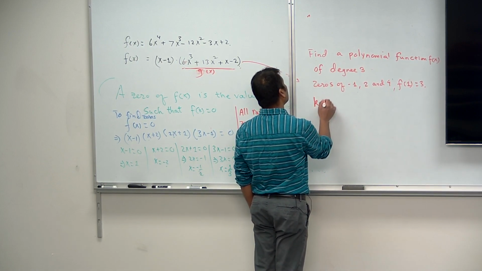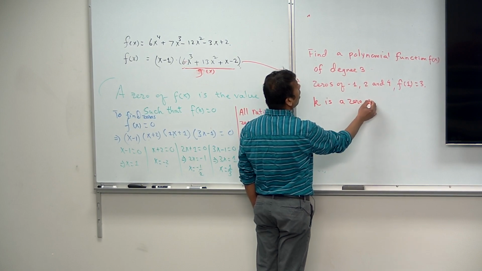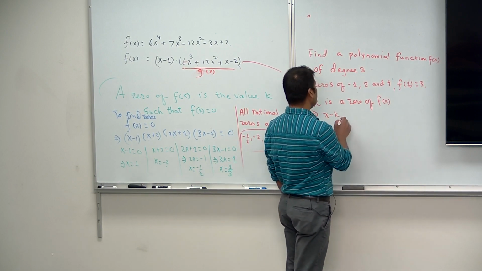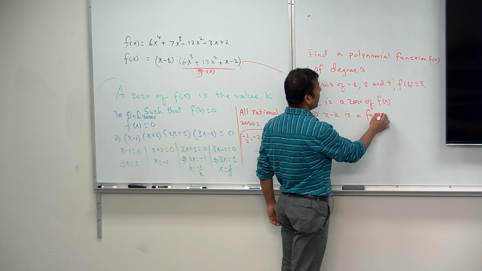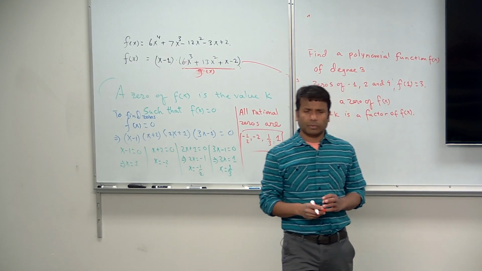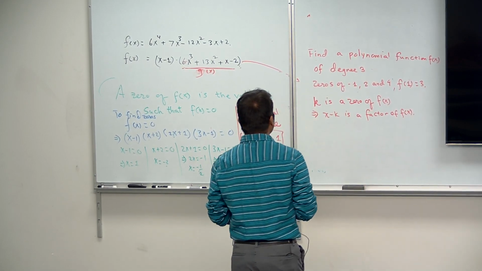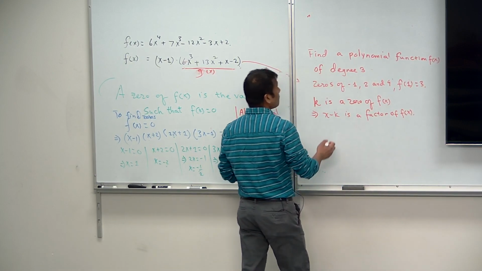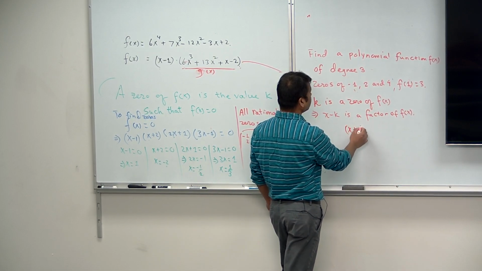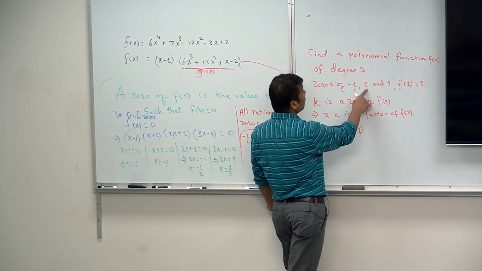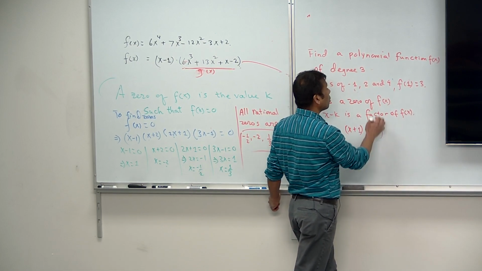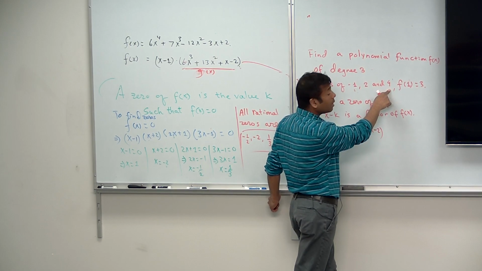Remember, you need to know this: if k is a zero of f(x), this implies x minus k is a factor of f(x). So -1 is a zero, so x plus 1 is a factor. 2 is a zero, so the other factor is x minus 2. 4 is a zero, so x minus 4.